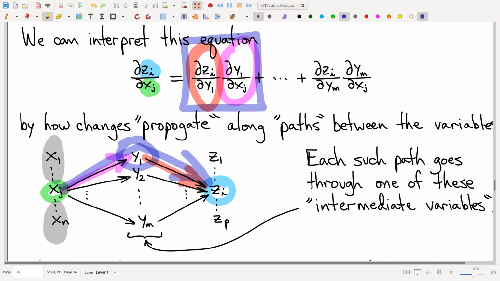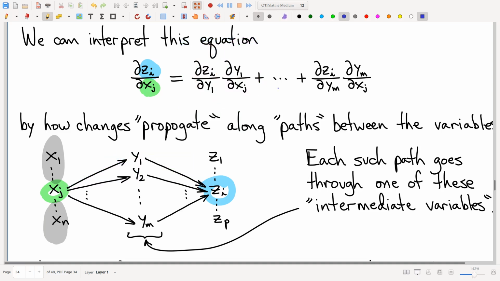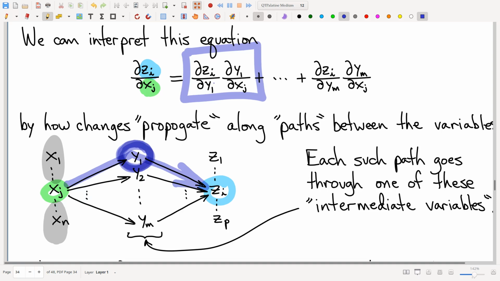So just to streamline everything then, corresponding to the y1 intermediate variable, in other words, looking at how much changes propagate along that path, you get that term. And here's one of the really beautiful things about how this is written down, one of the nice things about the notation. You can see that this term corresponds to the y1 path because there's y1s there and there.